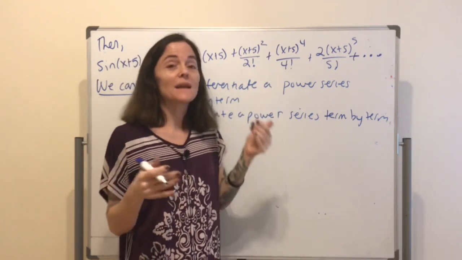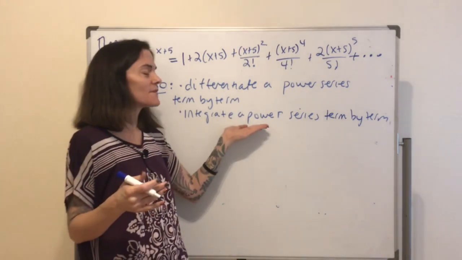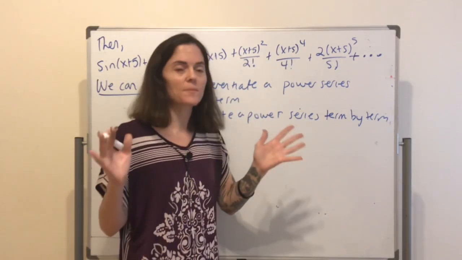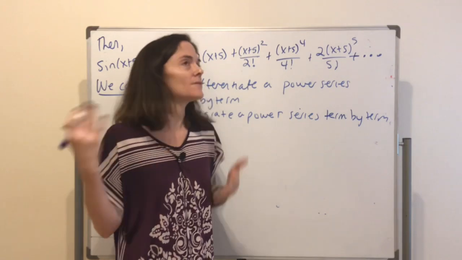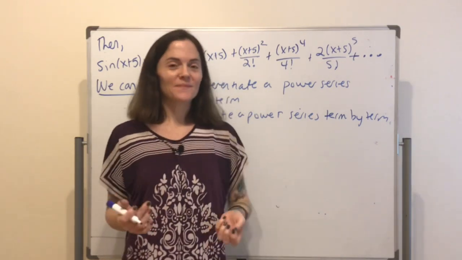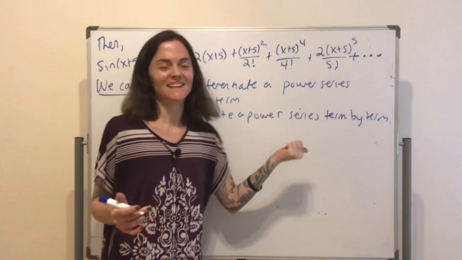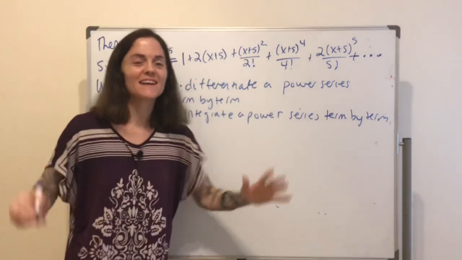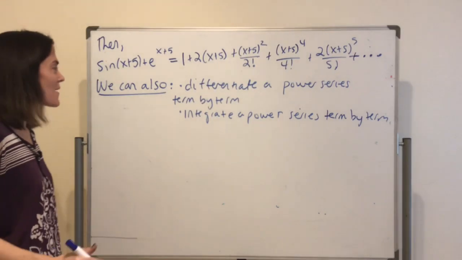But if you find a power series representation for the function, you may integrate the power series term by term, and now you have a representation for the antiderivative. It's just this infinite sum. But this is the power of power series. It comes right here, integrating and differentiating power series.